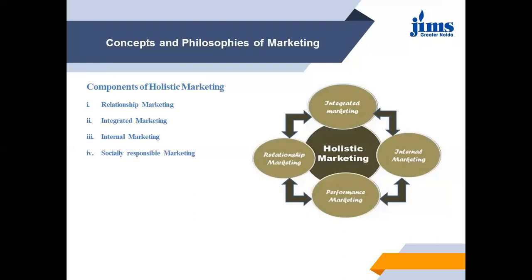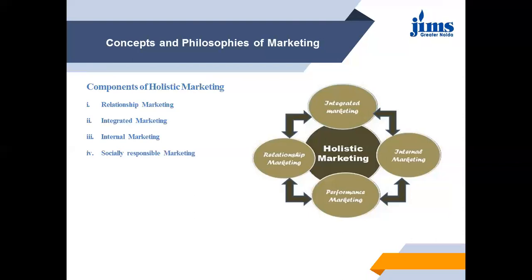And last but not the least, holistic marketing also has a fourth very important component, that is called socially responsible marketing. Exactly what we have talked about in societal marketing. That means every action of a business is responsible for creating something good or bad for the society.